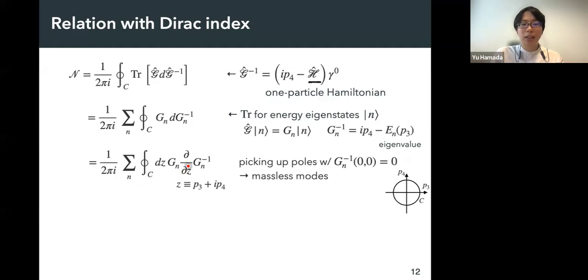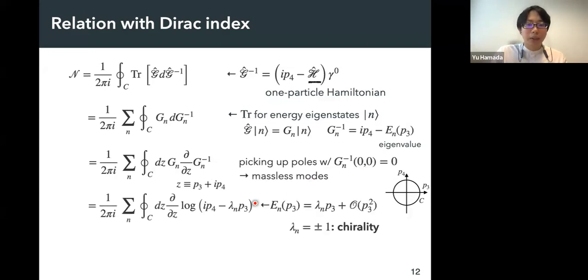Otherwise, as Kawano-san says, this integration completely vanishes. But if this Green's function has some poles, then this gives some non-trivial value. And this means that only massless modes contribute to this integration. For example, if we consider a massive mode, which means that the pole is not around the origin, then it does not give any contribution to this integration around the origin. So this only picks up massless poles.